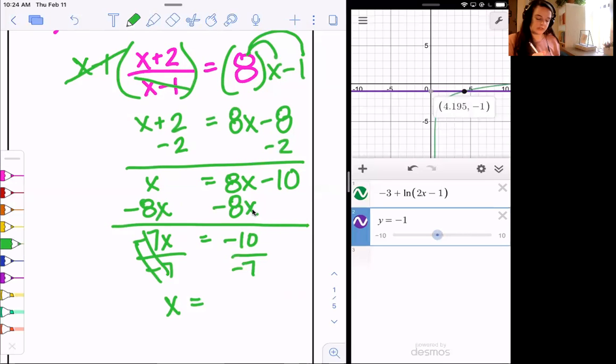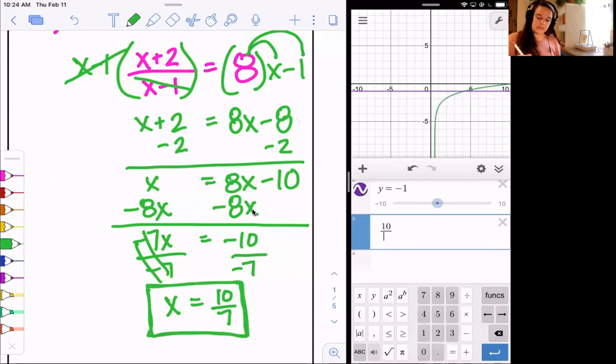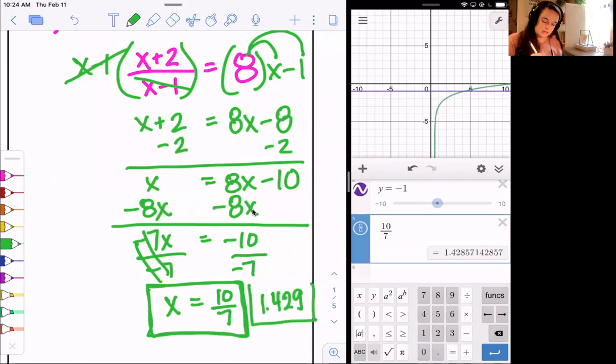Just a fraction version. 10/7, yes. So I think my answer is 10/7. I'm going to grab the decimal just in case. 10/7 is 1.429. Both of those are okay.